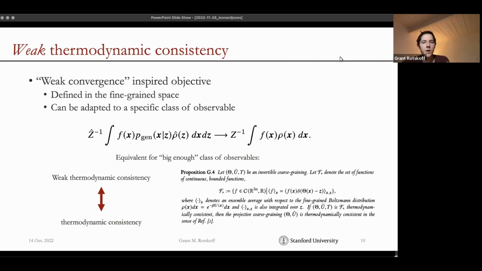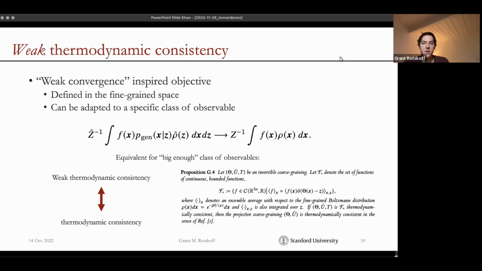What's useful about this notion of weak thermodynamic convergence, or thermodynamic consistency, is that you could adapt it to specific classes of observables. The other thermodynamic consistency objective is really kind of universal. It's for every observable out there. This one would allow you in principle to target specific classes of observables. So you could restrict to a class of functions and say, okay, I want averages on some property of my molecular system to coincide with the coarse-grained sampling that I do.